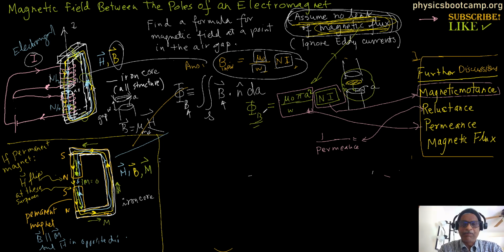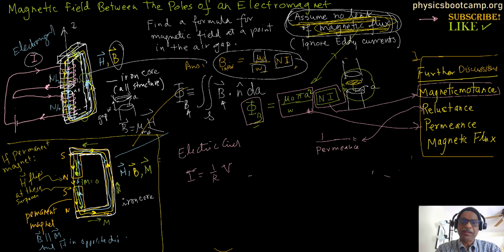If you look at an electric circuit, you have I equals 1 over R times V, that is V equals IR.